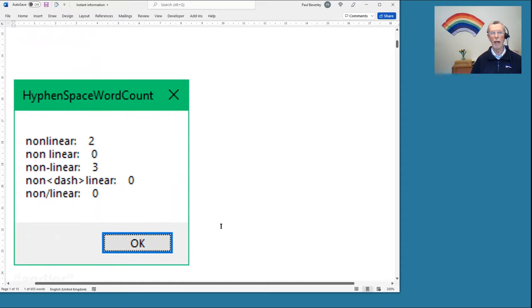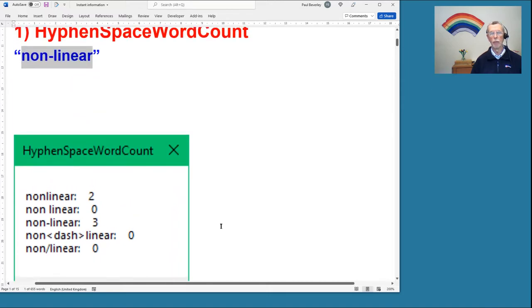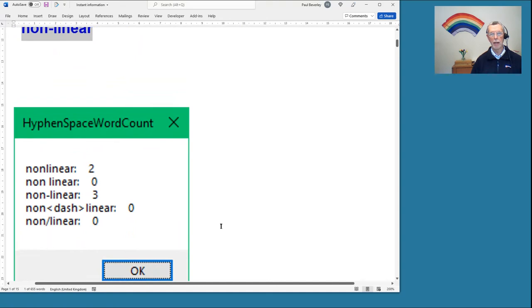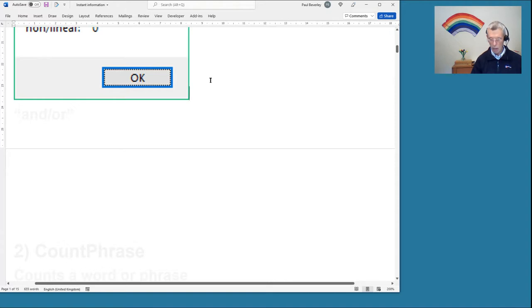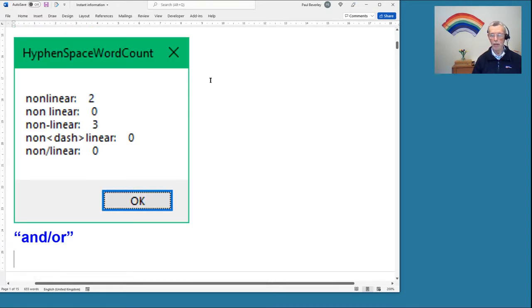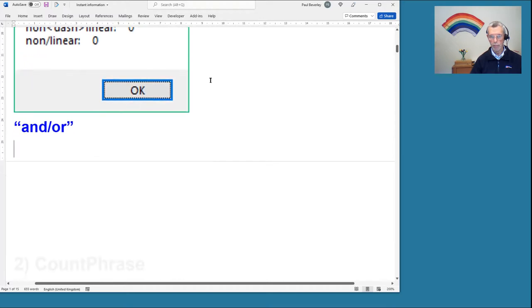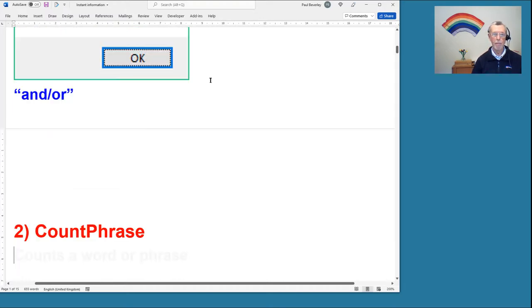It looks at the word with a hyphen in and asks, within this document, how many times does it occur as a single word, as two separate words, hyphenated, and maybe with a dash between. Some word pairs might have a dash, and one I've added just recently, someone wants to know about words when they were separated by a slash. The idea of the slash there is that something like "and/or" might be punctuated differently.